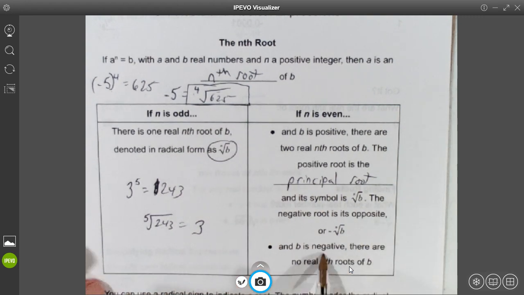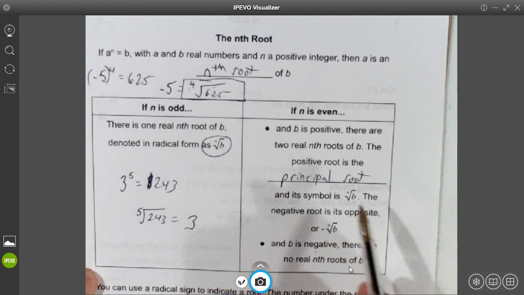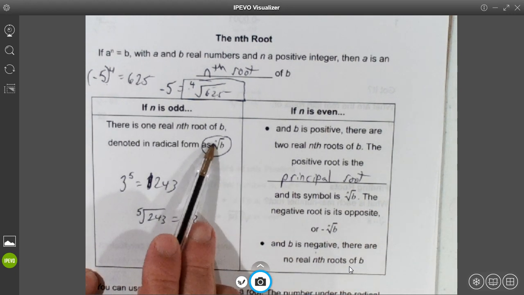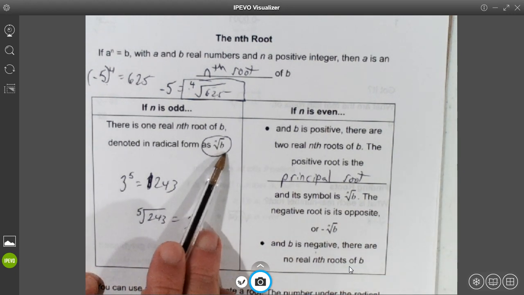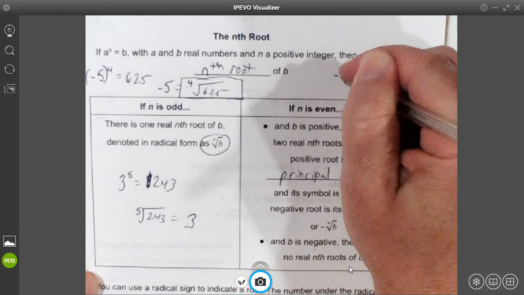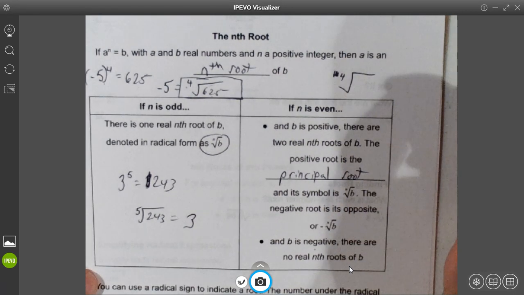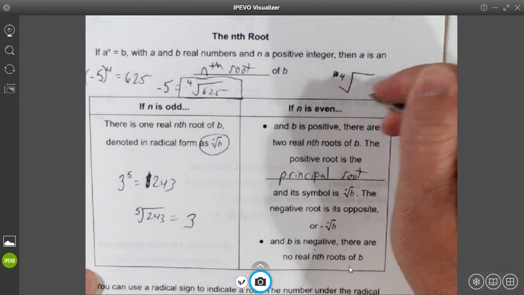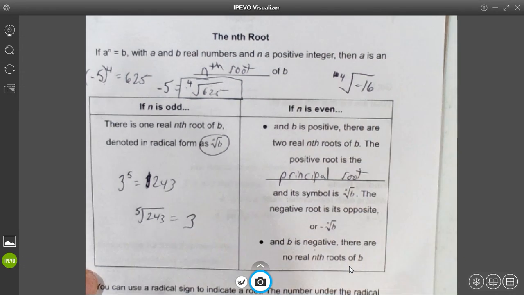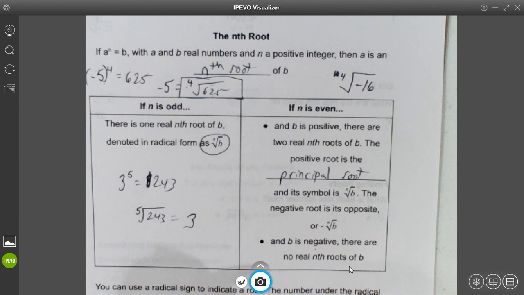If b is negative, let's look at this expression: n is even and b is negative. Let's do the fourth root of -16.